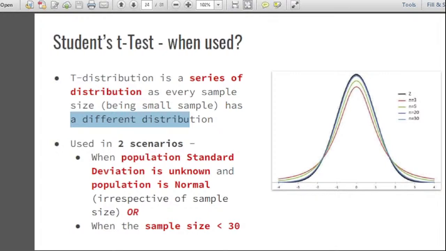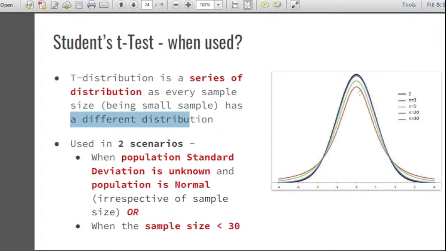If your n is small, let's say 5, and you're picking samples, in the sampling distribution of sample means there will be high variability. When n is less, the variability is high.